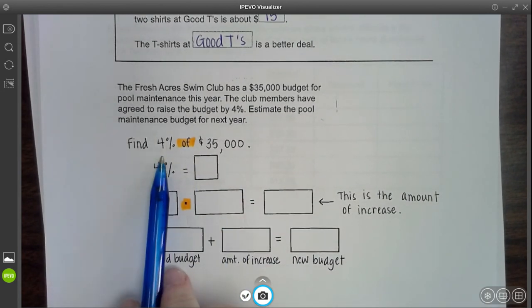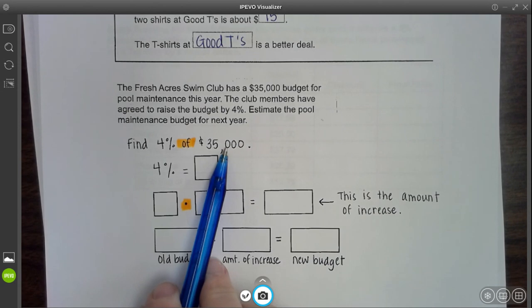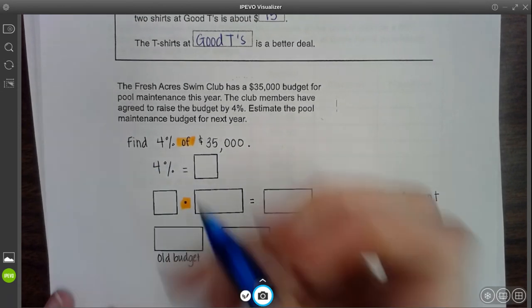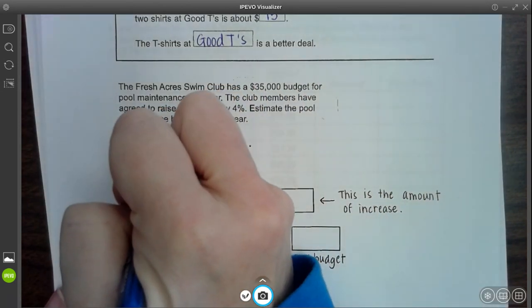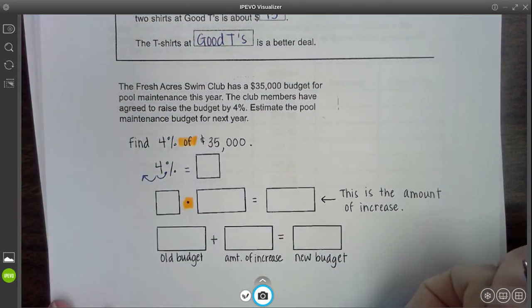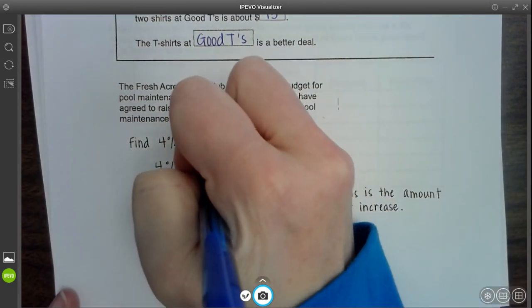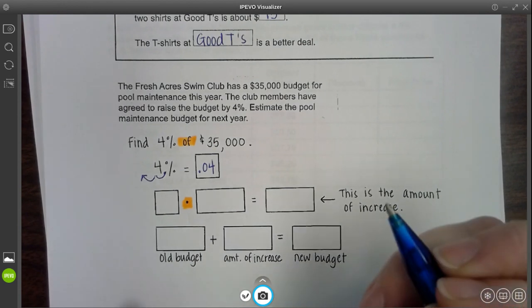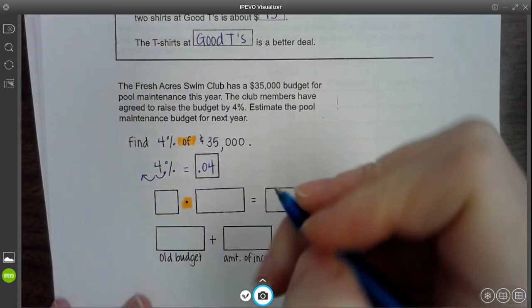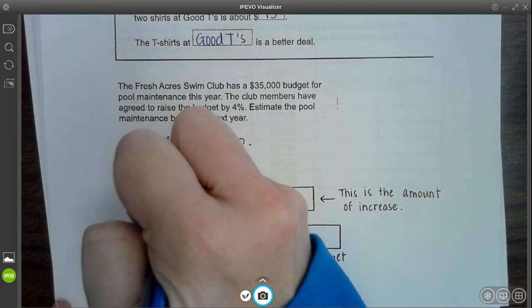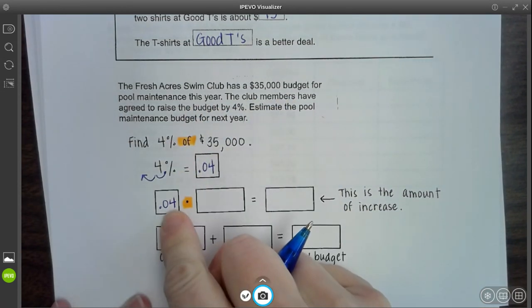But I cannot multiply a percent times a number. So I have to change this to a decimal. I'm going to do that by moving that decimal 2 spots to the left, and that's going to end up being 0.04. Okay, so to figure out 4% of 35,000, I'm going to change the 4% to 0.04.